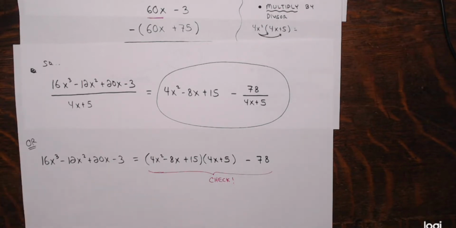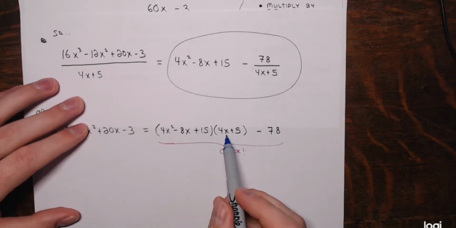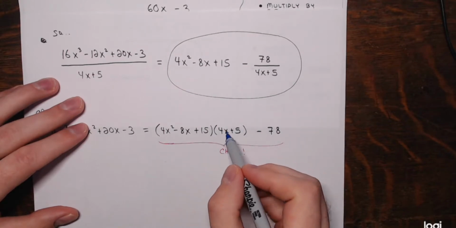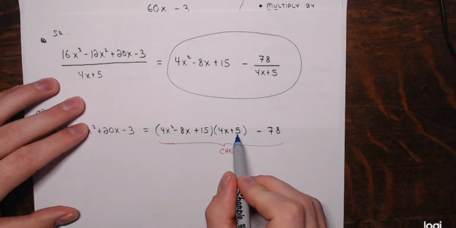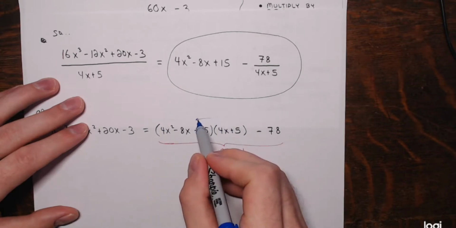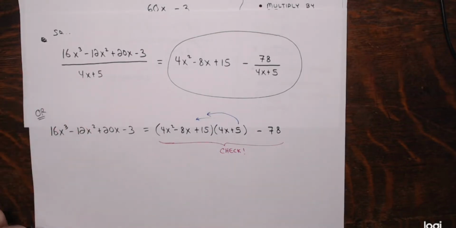Alright, so remember how to multiply polynomials, right? First I'm going to multiply these two, and then we're going to add negative 78. So when you multiply two polynomials, you take every term from one of them and distribute to the other. So I'll take these 4x and 5 here and distribute to the three terms there, the 4x squared minus 8x plus 15.